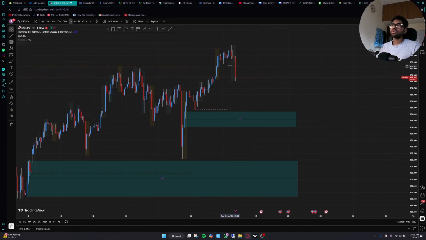This could be possible because price has just taken previous day's high and is coming down and down, so this could be a good point of interest to go for buys. Struggling to draw a path.